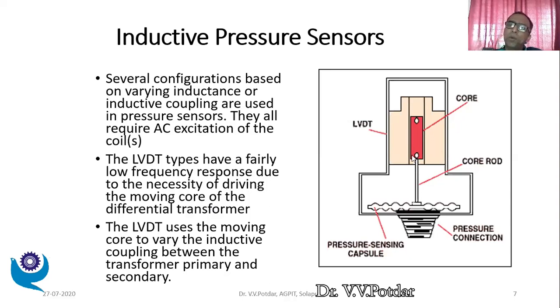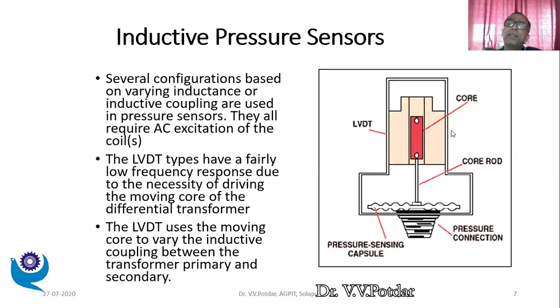When this core is slowly moving, the LVDT gives us fairly good follower voltage or follow-up voltage. If this core is moving at a faster rate or at a larger frequency, increasing and decreasing, increasing and decreasing, if that frequency is higher, I might not get appropriate output voltage.